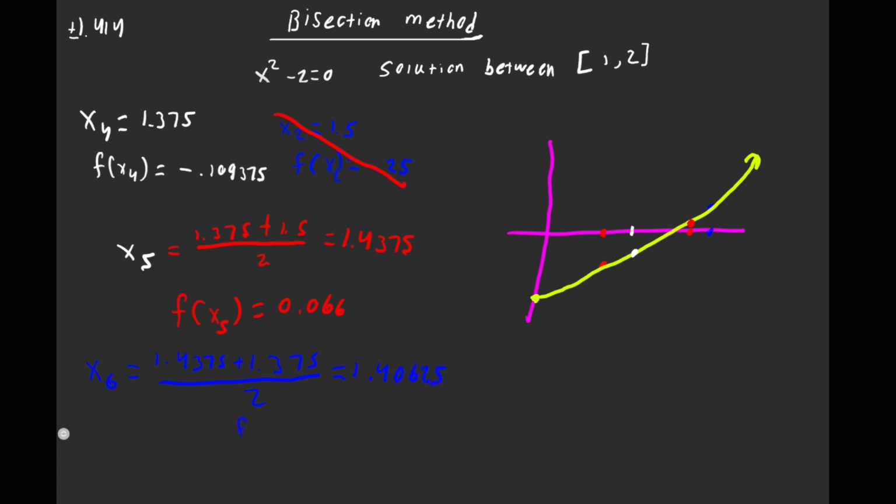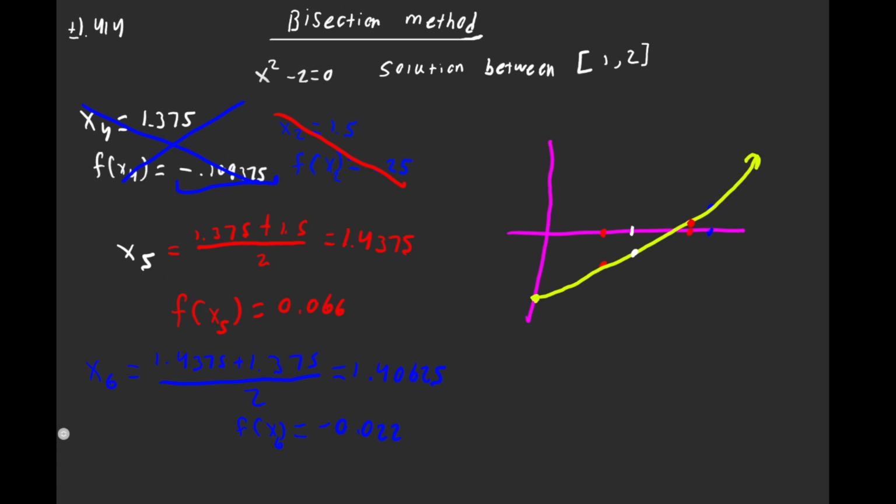And if we look at the y value of this, it is going to be about negative 0.022. And what we'll do now is look at x sub 4, which is giving us our negative y value. We just have to cross that out now because we don't need it anymore.